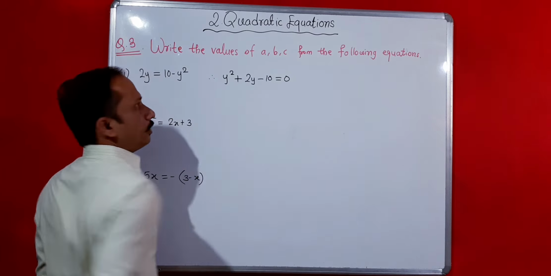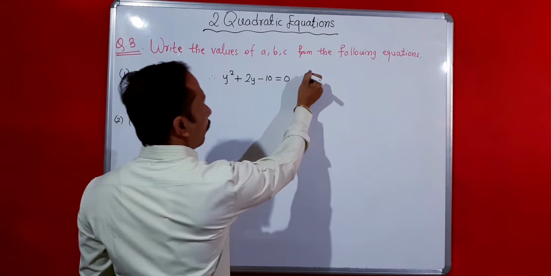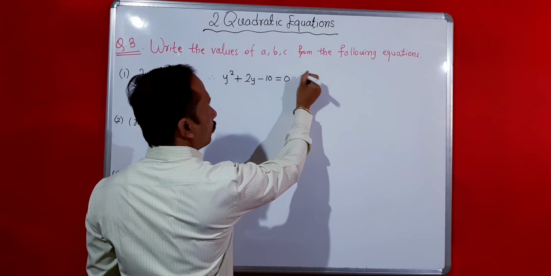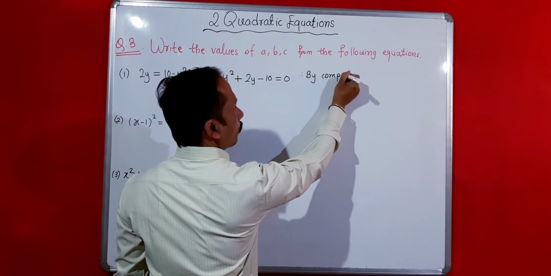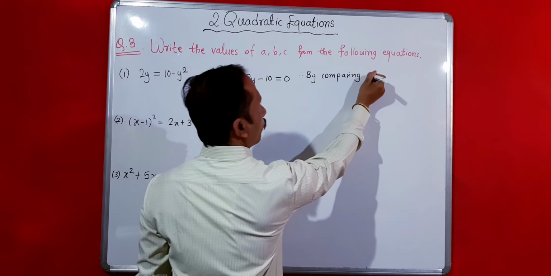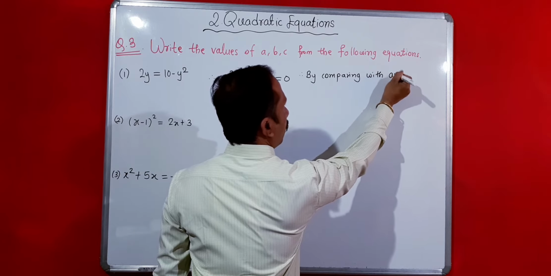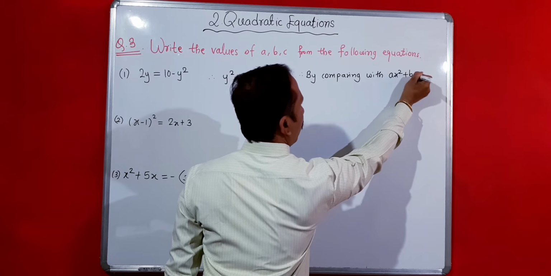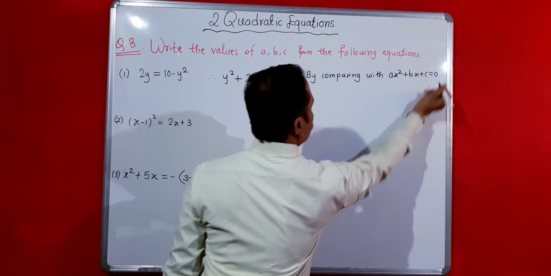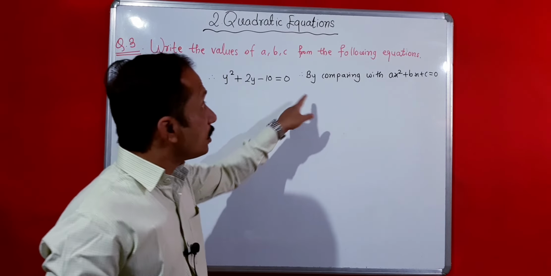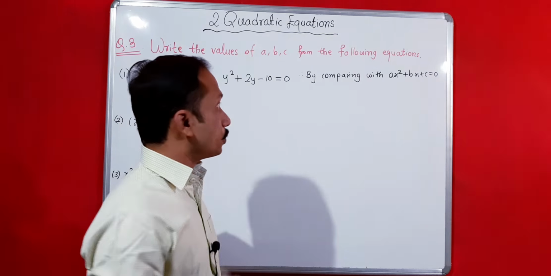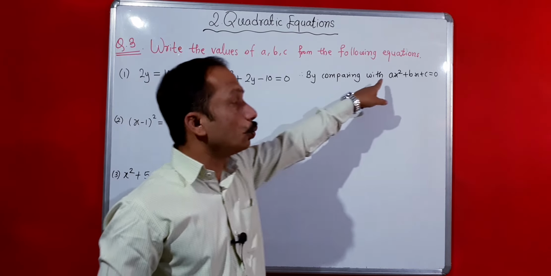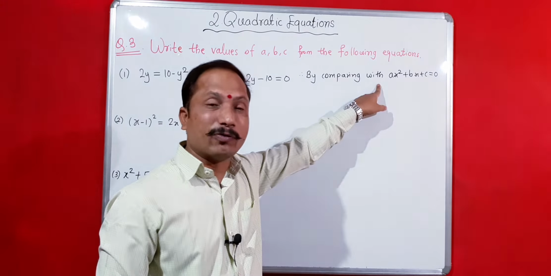Therefore, by comparing with ax square plus bx plus c is equal to 0, you have to compare this equation with that form and then write the values. I am writing this statement just one time, but you have to write it for every equation.